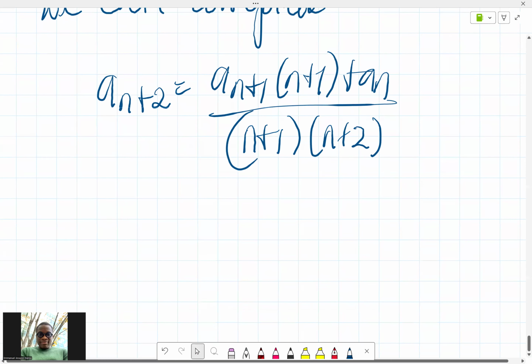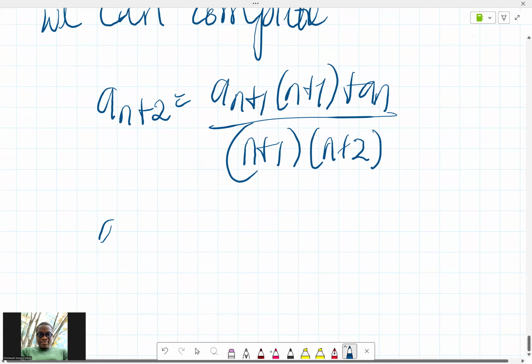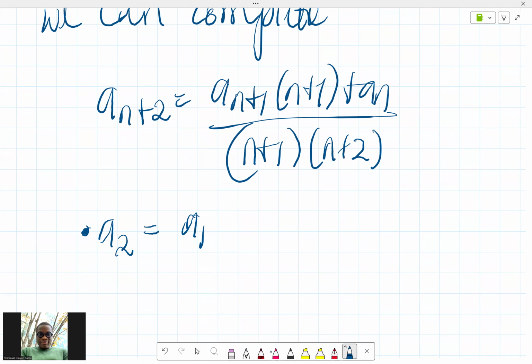So at n equals 0, a2 will be equal to [a1 into 1, because n is 0, plus a0] all over 1 times 2.